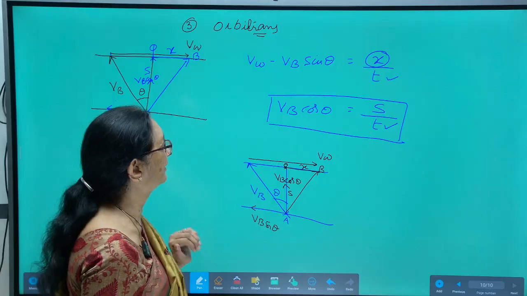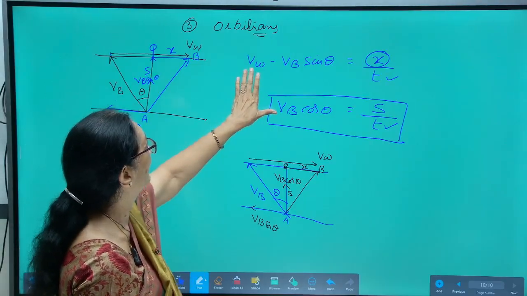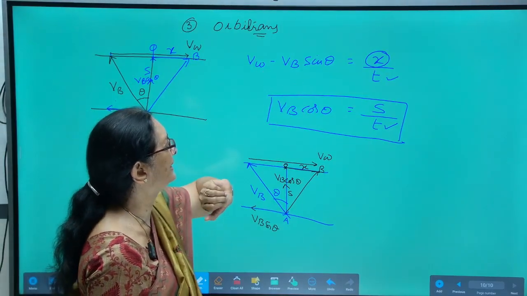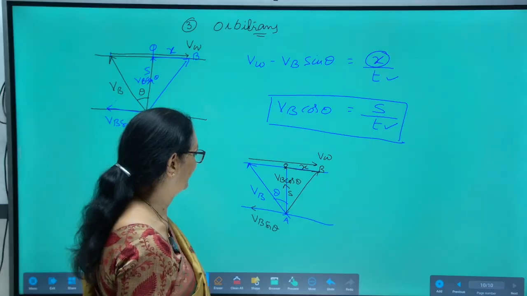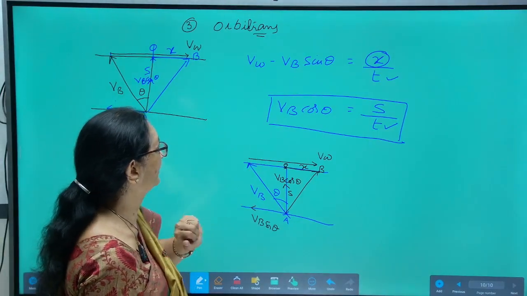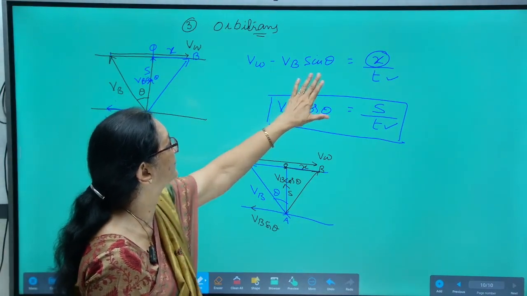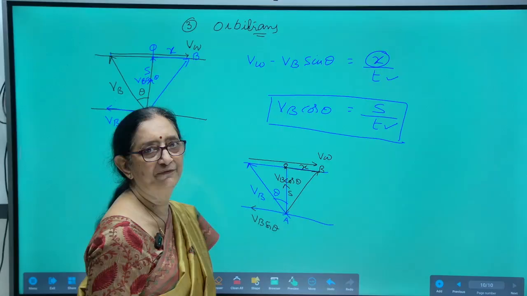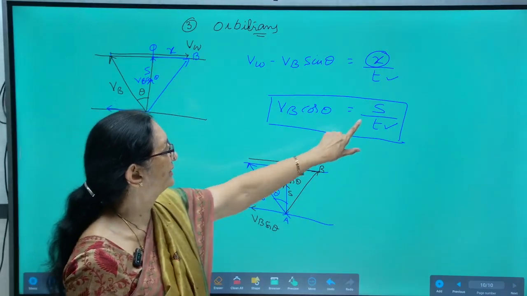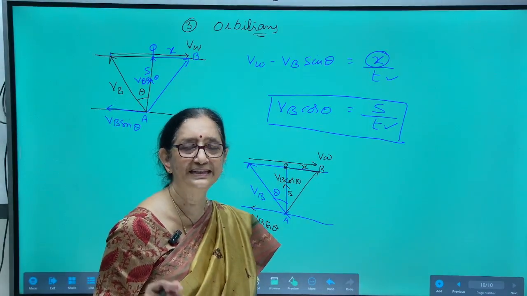So, the resultant of two vectors in opposite directions, Vw minus Vb sin theta, is equal to x by t. Substituting, Vw minus Vb sin theta is x by t, and Vb cos theta is S by t. From that you can find t as well as the drift of the boat.